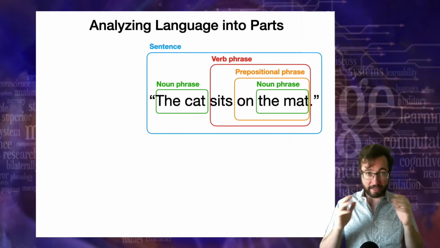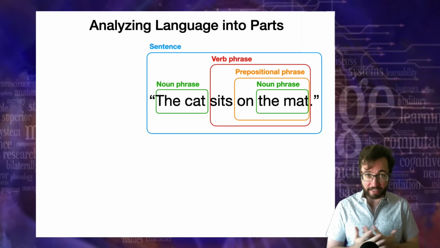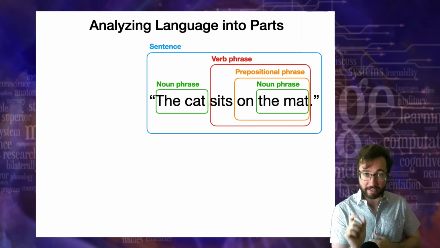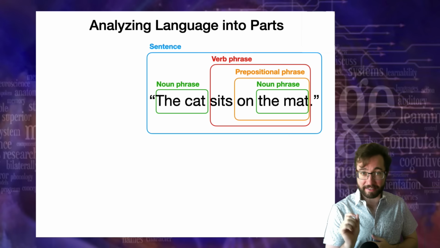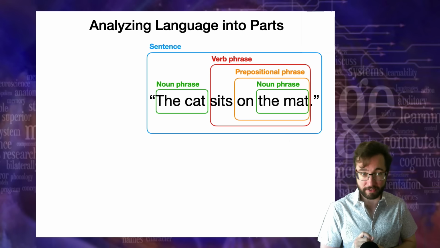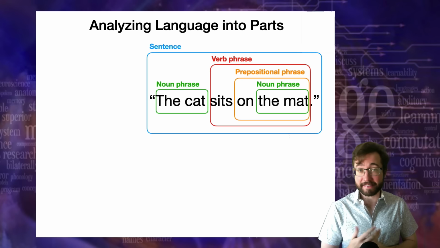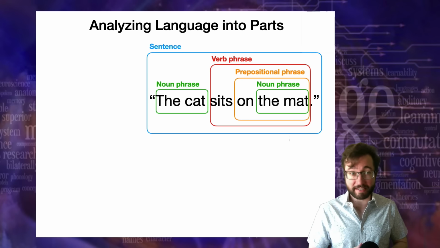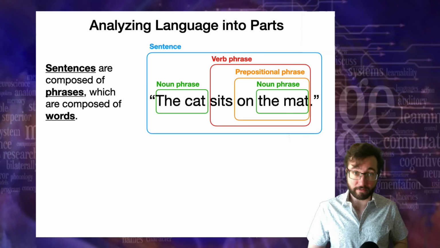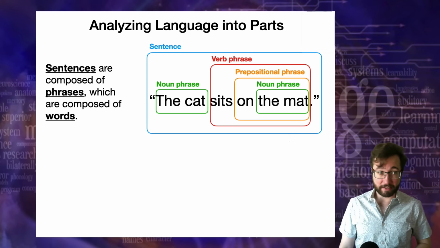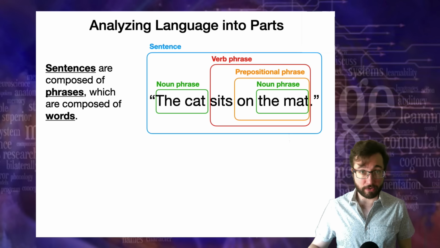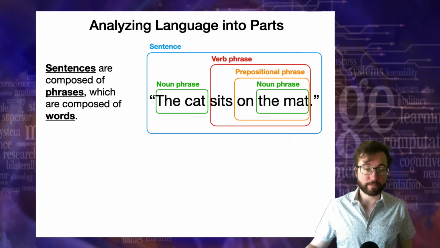It has inside of it a noun phrase, nested recursively like these Russian dolls. And the very smallest level, at the center of the Russian dolls, the very smallest level of analysis you get to here is the individual words. The and cat and sits and on and mat. So a sentence is composed of phrases that are nested recursively in this way. And those phrases are composed ultimately of words.